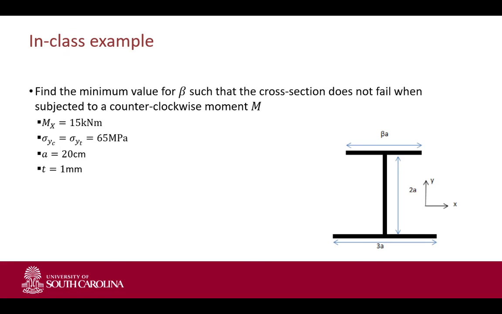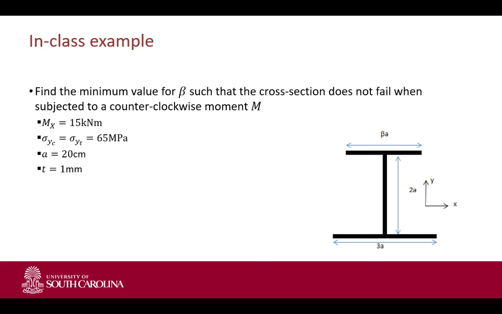So this is a very good example. It will test your mathematical skills, how comfortable you are with multiplication of an equation and of a function. You are given a moment around x. You are given the yield stress in tension and in compression, so sigma y c and sigma y t are the same.